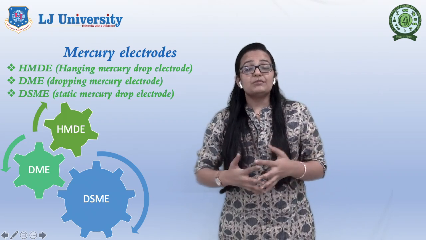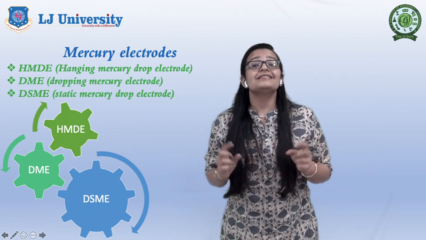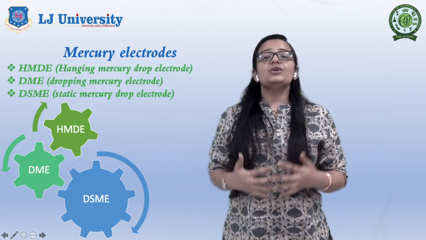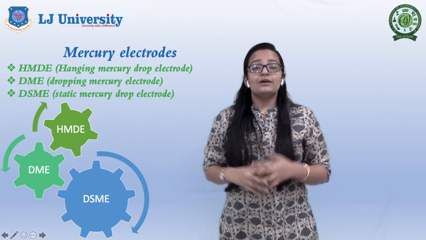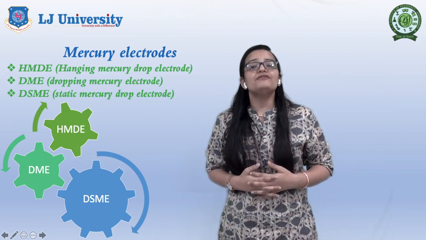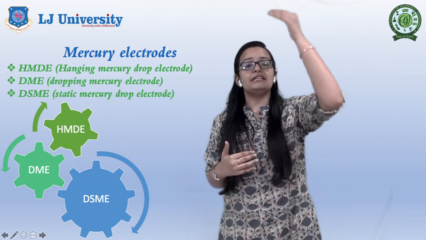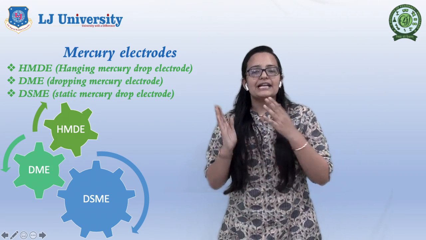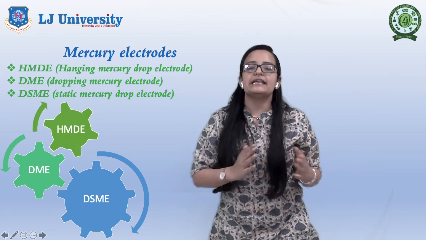The major segment of polarography is its electrode. In polarography, mercury is used as a working electrode because mercury is a liquid and the working electrode is often a drop suspended from the end of a capillary tube. There are three kinds of electrode: HMDE, DME and SMDE.